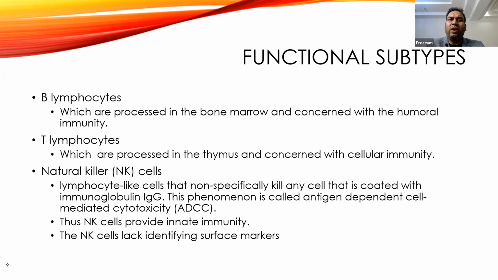They failed, so they are removed. Only the cells which pass go back to the blood, and from the blood they lodge themselves in the lymphoid organs, where the same type of cell proliferates and remains.